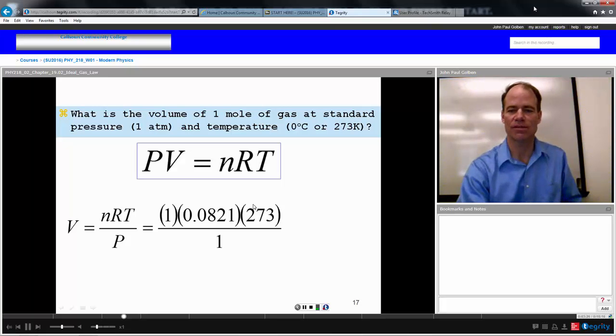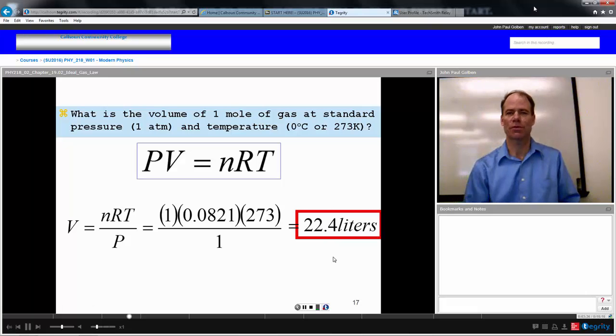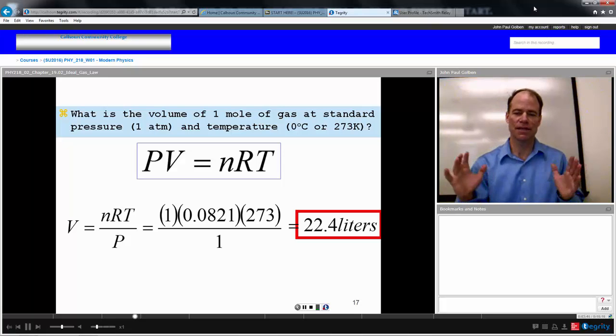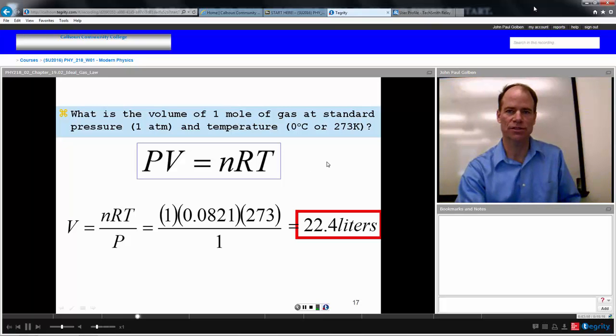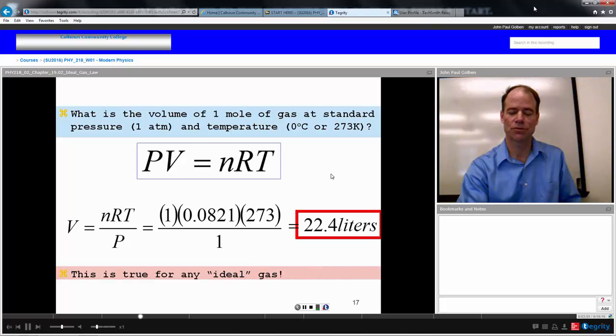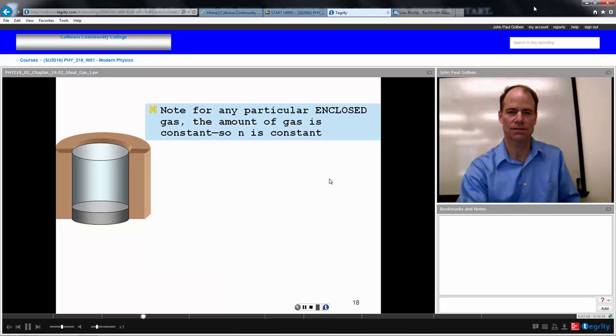Temperature in Kelvin, 273, and our pressure was 1 atmosphere. So this is 22.4 liters. And since we use that gas constant, we have to have our volume in terms of liters. This would be the standard volume of an ideal gas at standard pressure and temperature, true for any ideal gas at those conditions.